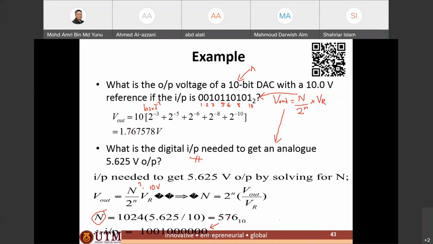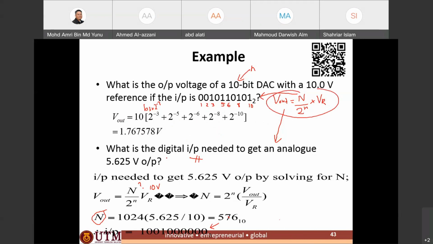So we get 1.77 volt. If you use this formula, you are supposed to get the same answer.